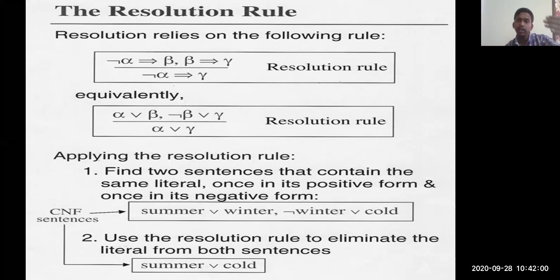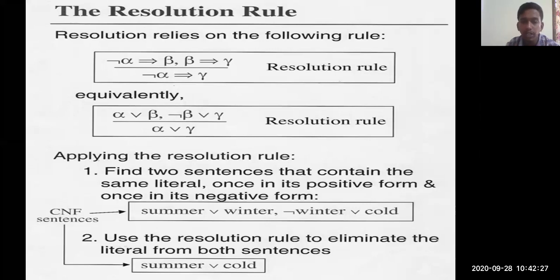So the same statement can be converted to your conjunctive normal form. Okay. So applying the resolution rule, that's what we have discussed in the previous example. Here is one more example to understand the concept of resolution. If I take sentences like summer or winter, comma, negation of winter or cold, these are conjunctive normal form sentences.